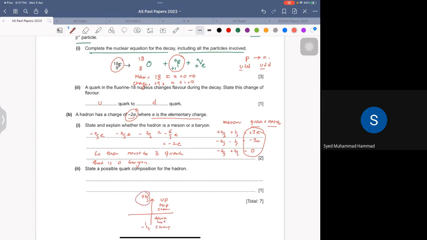So we need minus 2 by 3 each, which means you can write anti-up, anti-top, and anti-charm. If somebody has written anti-up, anti-up, anti-up, that is also correct. If somebody has written anti-top, anti-top, anti-top, or anti-charm, charm, charm, that's also right. Or if you've written anti-charm and anti-top, that's also fine. So you have to have any 3 of these anti-particles in any flavor. Remember that. Any questions, please let me know.